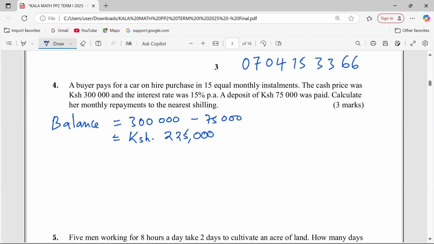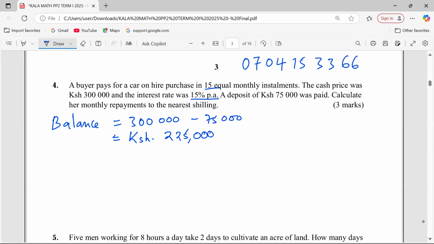225,000 Kenya shillings. This is the balance that this buyer would have paid. But instead of paying this, there will be some interest on this amount. And the interest per annum is exactly 15% per annum. And it's going to happen for 15 equal installments.